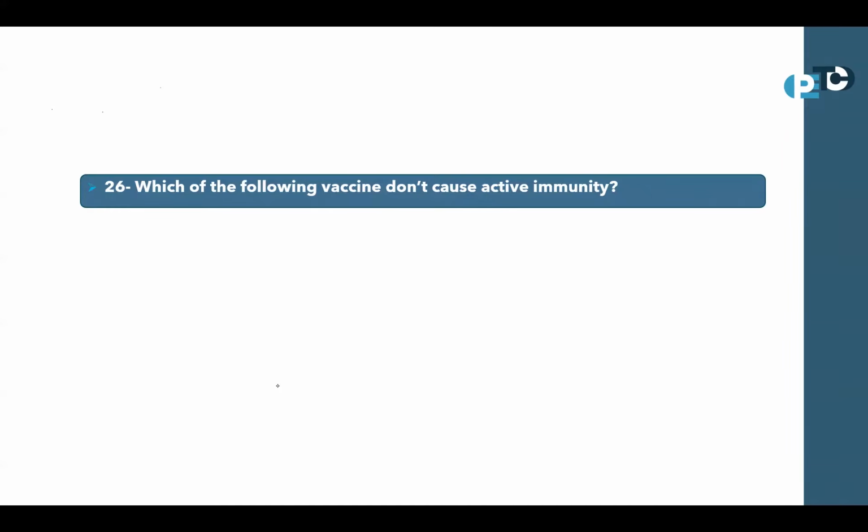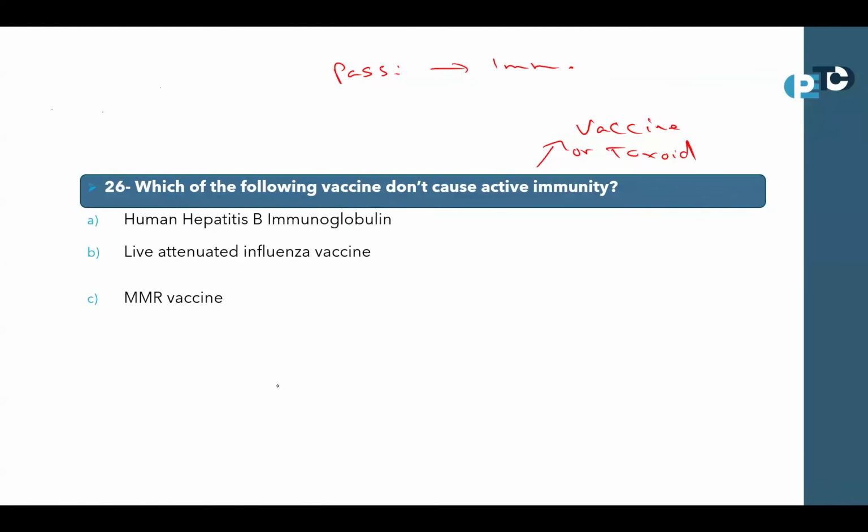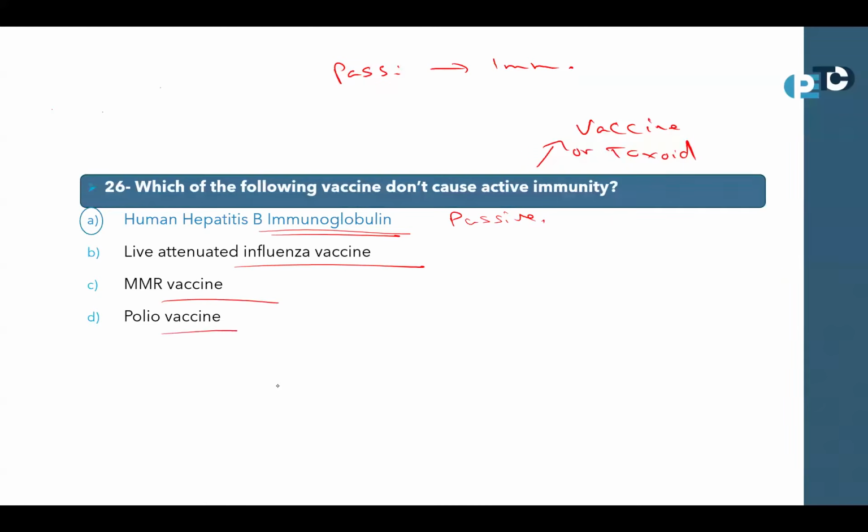Therefore, active immunity will be a vaccine or toxoid, while passive will be immunoglobulin. So when we see the choices, hepatitis B immunoglobulin is passive, while live attenuated vaccine, MMR vaccine, and polio vaccine give active immunity to the body.